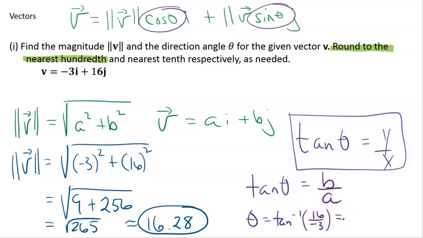Now, you got to be careful with this answer. Okay, so let's see what we have. Calculator. Now, did it say degrees or radians? It doesn't. It just says to the nearest tenth. Most of this work that I have found has been in degrees, so I'm going to leave my calculator in degree mode. 16 over negative 3 is not a standard value in the unit circle, so radians, you know, let's just go with degrees.